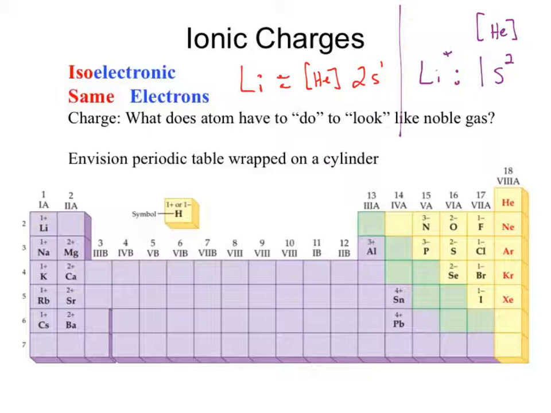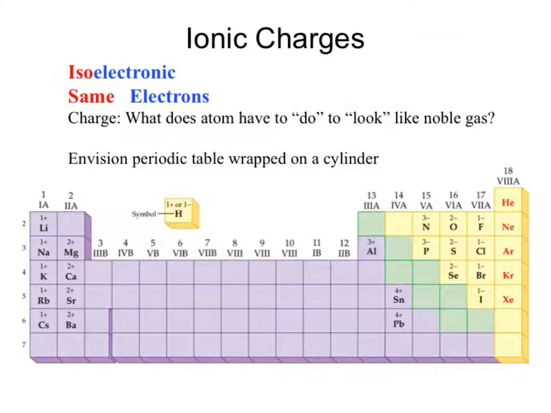Okay? What happens when we look at sodium? Let's erase everything again. Let's shift to our sodium. What's its electron configuration? 1s2, 2s2, 2p6, 3s1. Also, it's the electron configuration for neon plus a 3s1 electron.